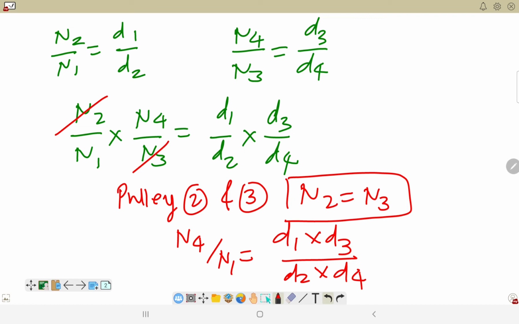This is the formula to calculate the velocity ratio of a compound belt drive when there are 4 pulleys.